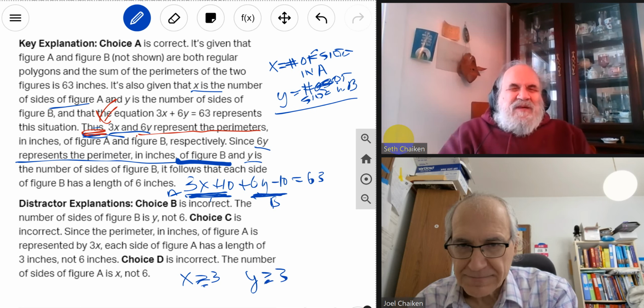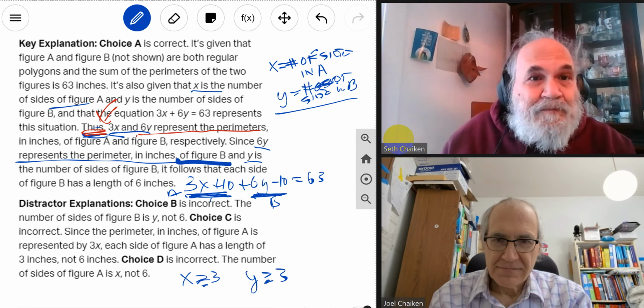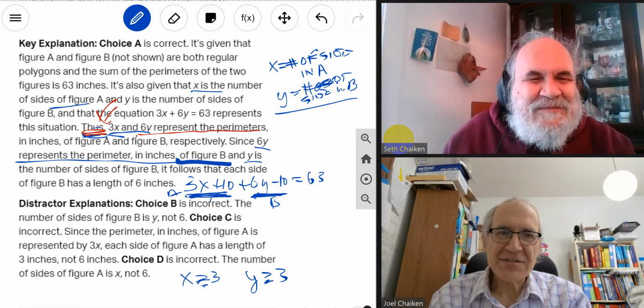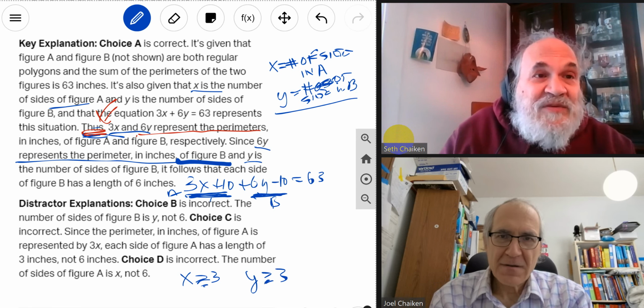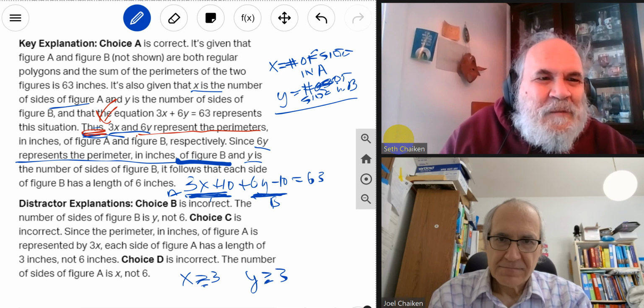So let's see if we could find x and y. Maybe there may be more than one possibility.